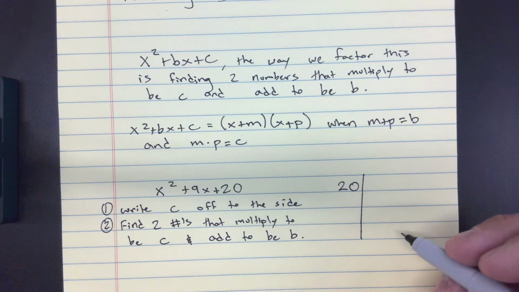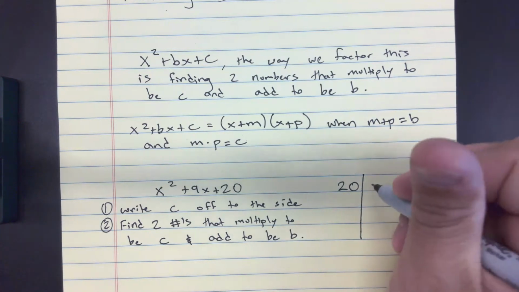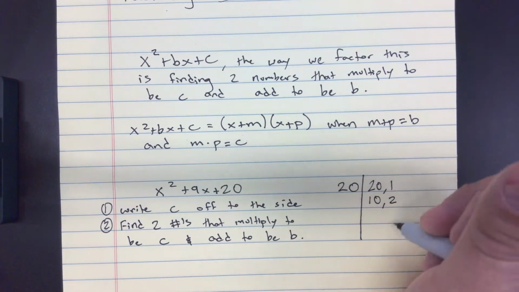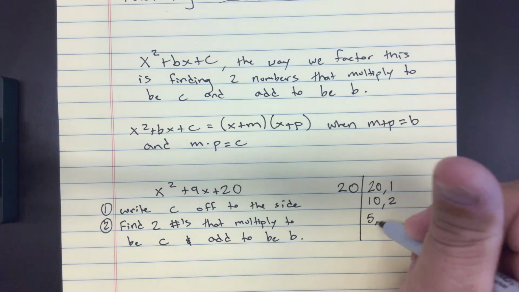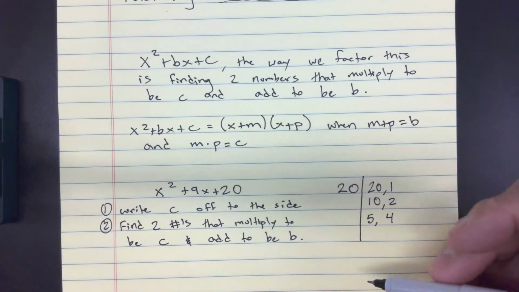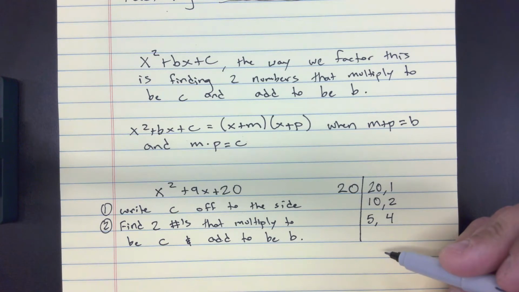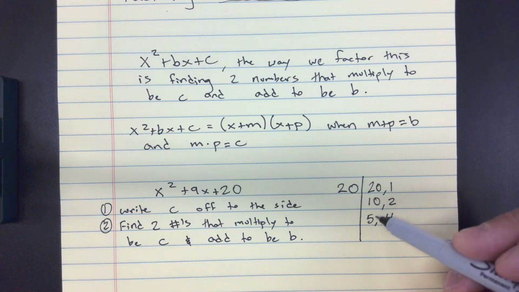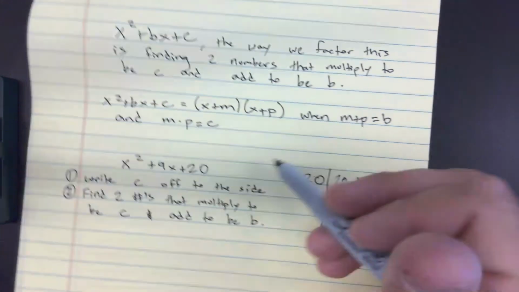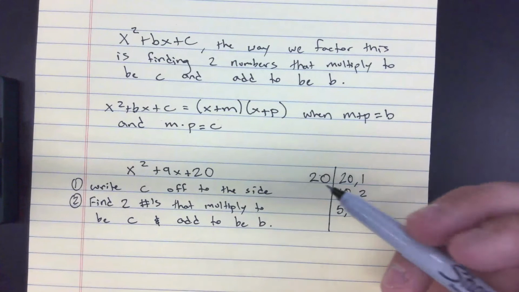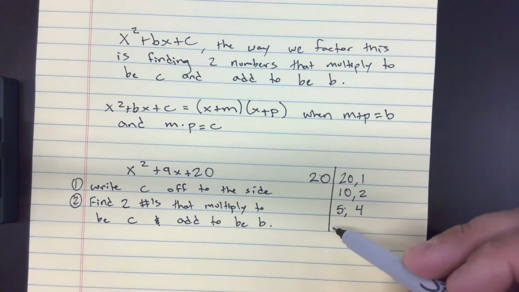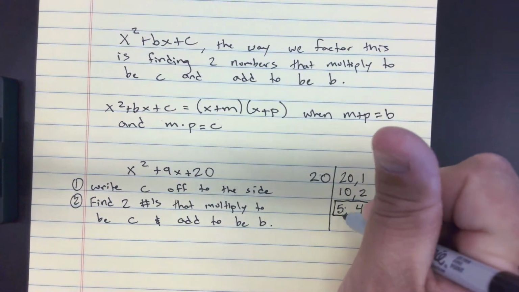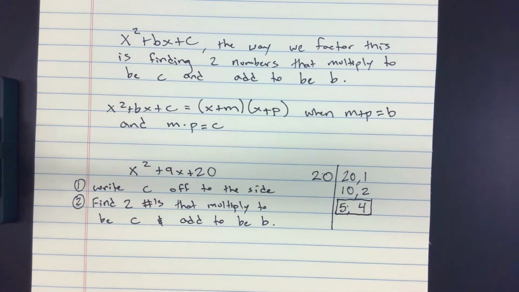This is where we can think of numbers that multiply together to be 20. So 20 and 1 multiply to be 20, 10 and 2 multiply to be 20, 5 and 4 multiply to be 20. I think that's it, right? Now we look at these numbers to find which ones multiply to be 20 and add together to be 9, because 9 is b. Which set does that? 5 and 4. As soon as I find it, I circle it.